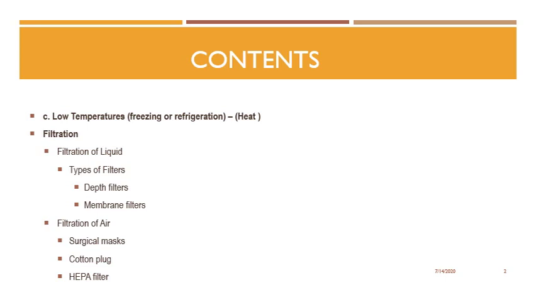In filtration, we discuss filtration of liquids and filtration of air. In filtration of liquid, we discuss types of filters like depth filters and membrane filters. While in filtration of air, we discuss surgical masks, different cotton plugs and the HEPA filters.